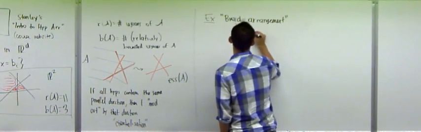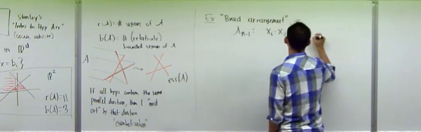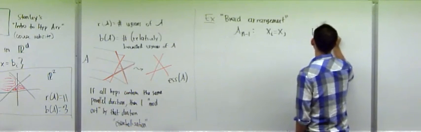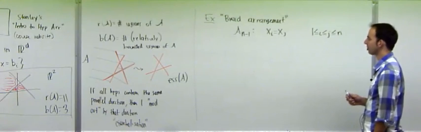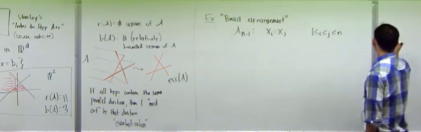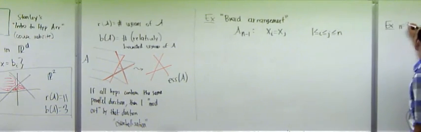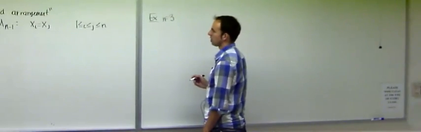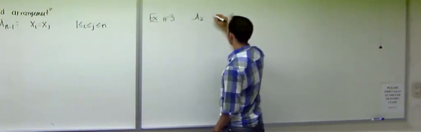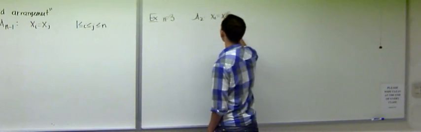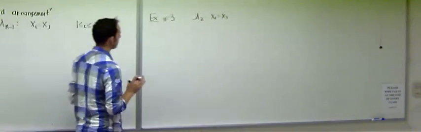We call it A_{n-1}, and it consists of the hyperplanes x_i equals x_j for 1 less than or equal to i less than or equal to j less than or equal to n. So for example, if n is equal to 3, then we have the arrangement A2, which consists of the hyperplanes x1 equals x2, x1 equals x3, and x2 equals x3.